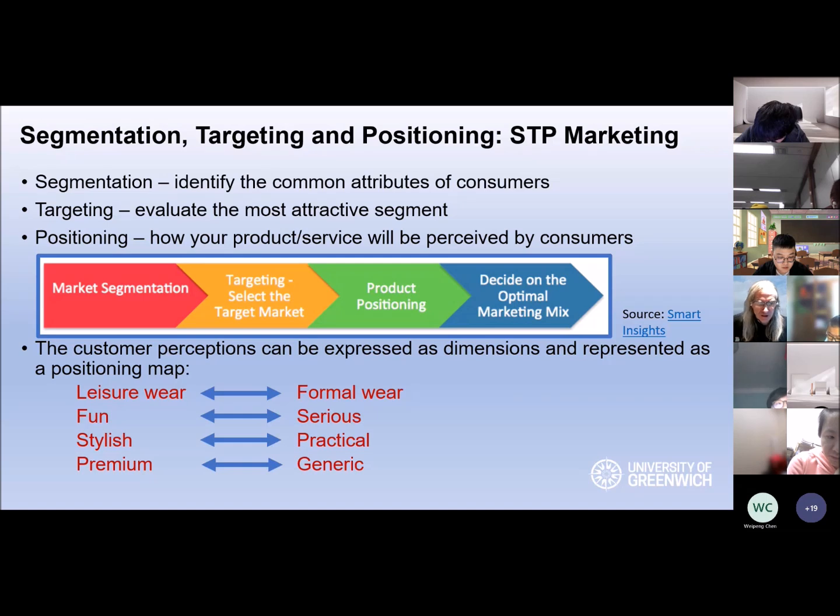Now, product positioning is based around what the consumer thinks about your product or service. So it's very much a mental construct. It's a perception. And as such, it doesn't exist in the real world. And because it doesn't exist in the real world, there's no actual position in an actual market.